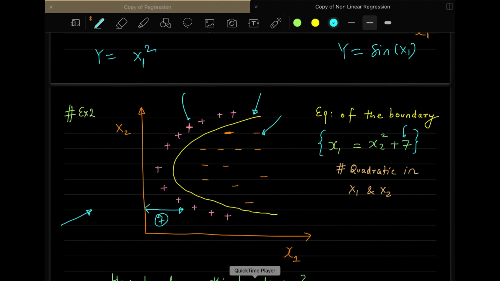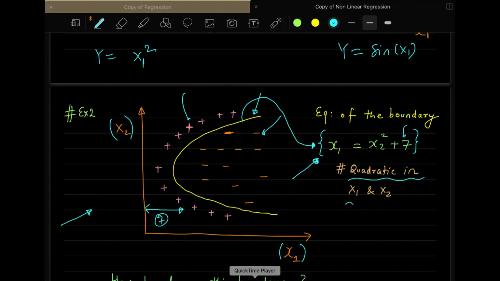This is just to give you an idea that the equation of this boundary is a parabola, and its equation is given like this, where x1 is this feature and x2 is this feature. The observation you find by seeing this is that it's quadratic.